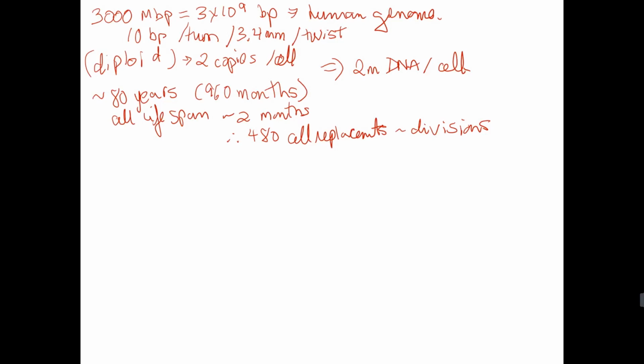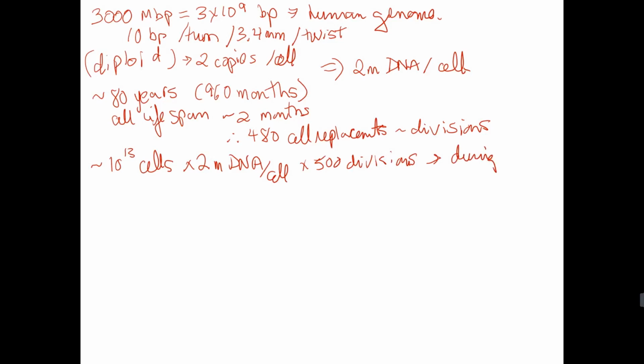So how many cells are in a human? Lots, right? Maybe around 10 to the 13 cells, times 2 meters of DNA per cell, times, say, 500 divisions. And this would occur during a human lifespan, right?